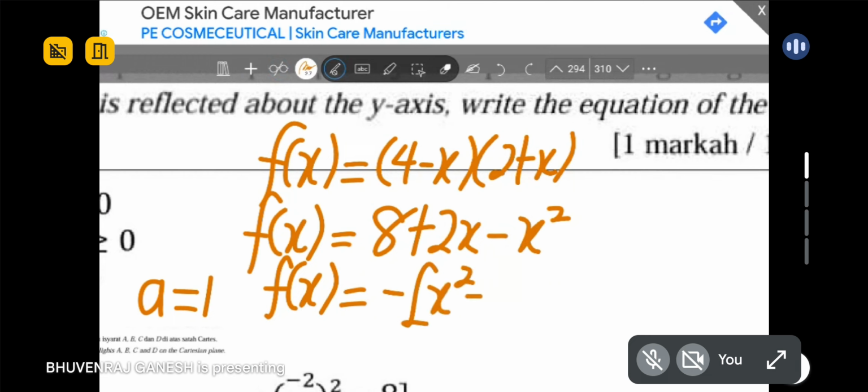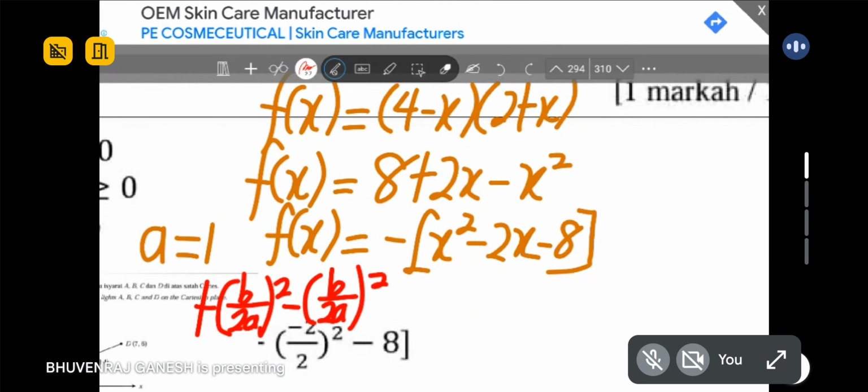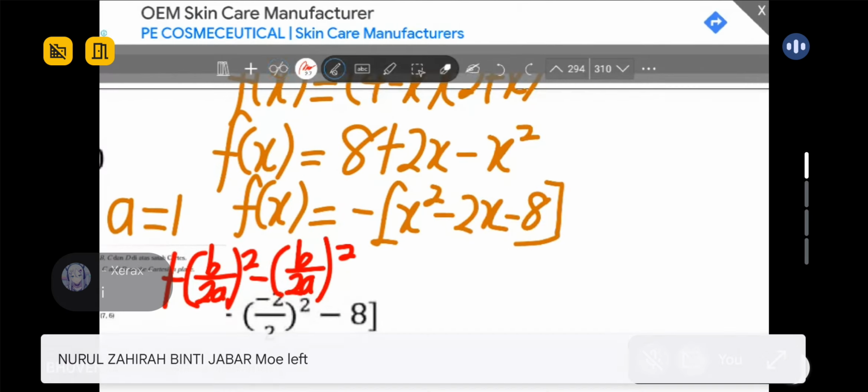So you factorize out the negative, you get this equation. Am I right? So a equals 1. Can you see, guys? Nilai a, 1. x square means a equals 1. Alright. Second step, you are going to do this: plus (b over 2a) squared minus (b over 2a) squared.